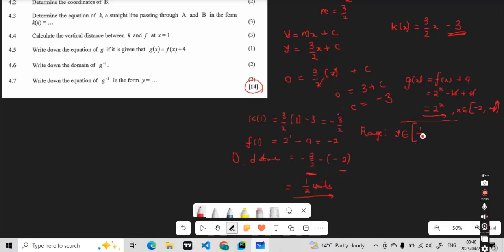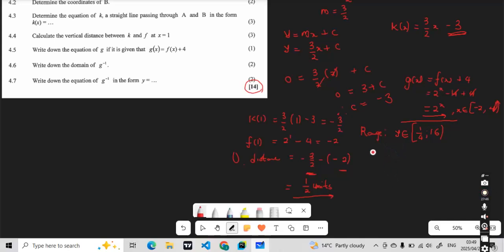1 over 4 to 16. Therefore, the domain of the inverse is going to be the vice versa of this one. Remember, the domain of a function is the range of its inverse.